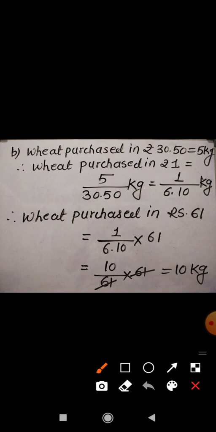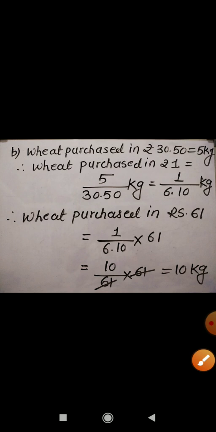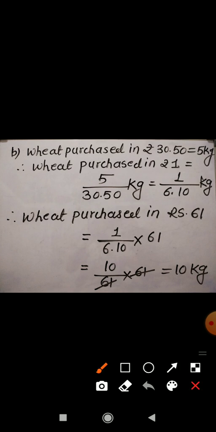Now let us write the statement of what we are given in the question. As per the question, the wheat purchased in 30 rupees 50 paise is 5 kg, right? Therefore, the wheat purchased in 1 rupee will be 5 divided by 30.50. And 5 divided by 30.50 will be 1 upon 6.10, because this number is divisible by 5.